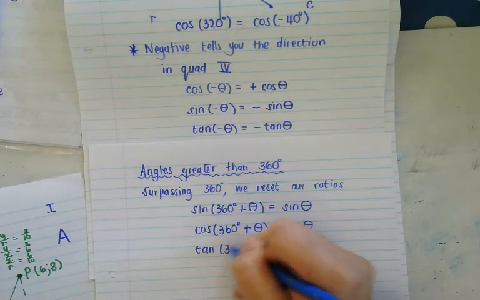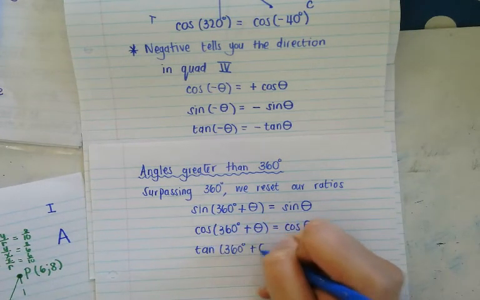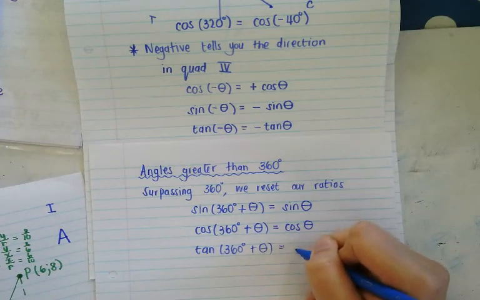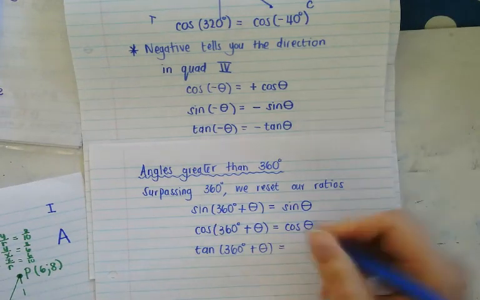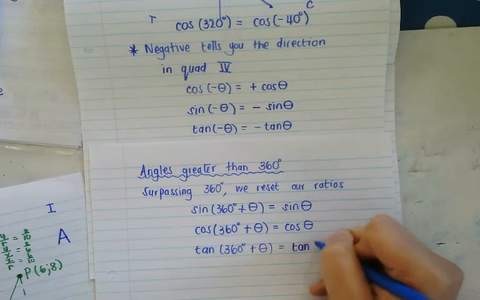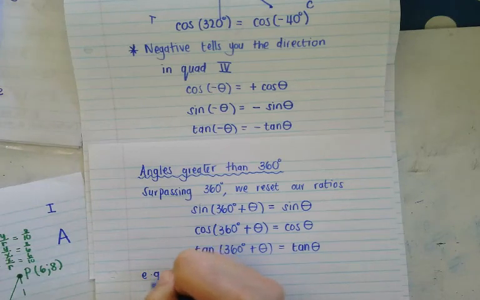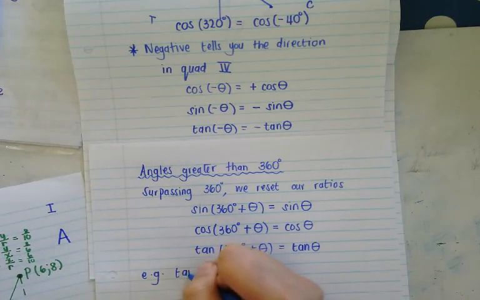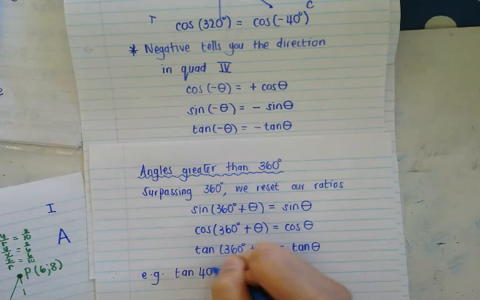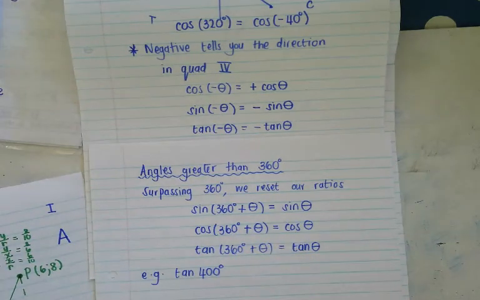Tan of 360 degrees plus theta, reset the 360 and just take the theta. But when I give you an example, that is the kind of example that I would give you. Tan 400, and I want you to simplify.